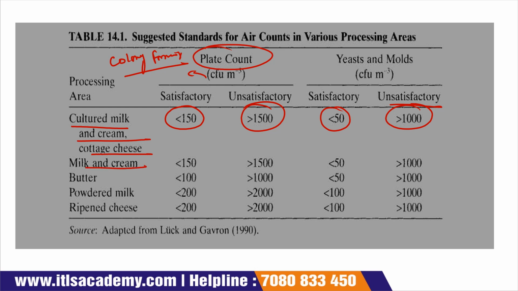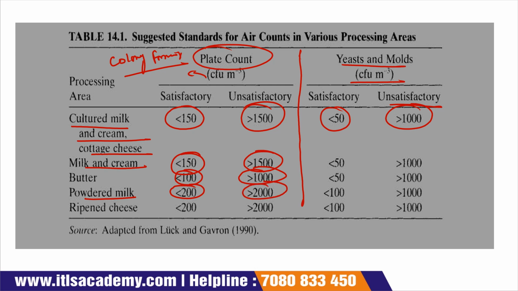Now milk and milk cream, again if it is less than 150, then it is satisfactory, and more than 1500, then it is unsatisfactory. Here it is for the plate count, and here it is for the yeast and mold. For butter, if it is less than 100, then it is satisfactory, and if it is more than 1000, then it is unsatisfactory. Powder milk, if it is less than 200, then it is satisfactory, and if it is more than 2000, then it is unsatisfactory.